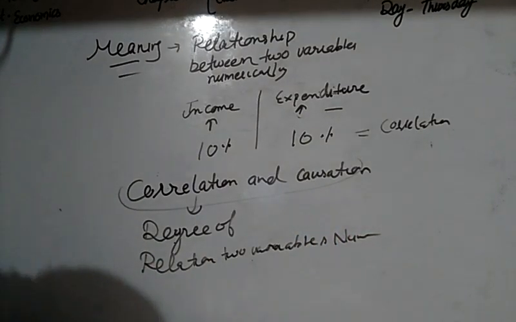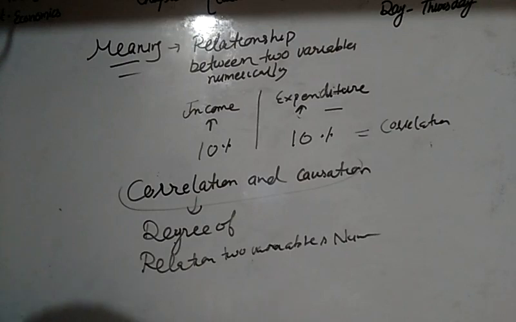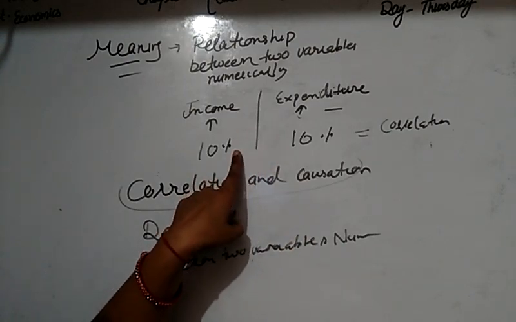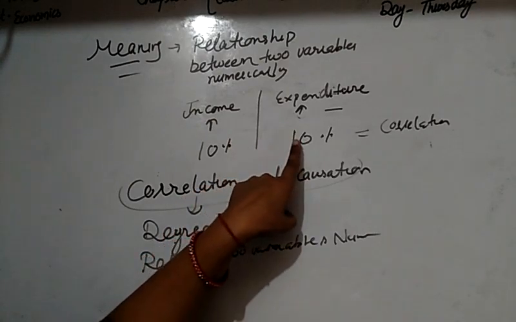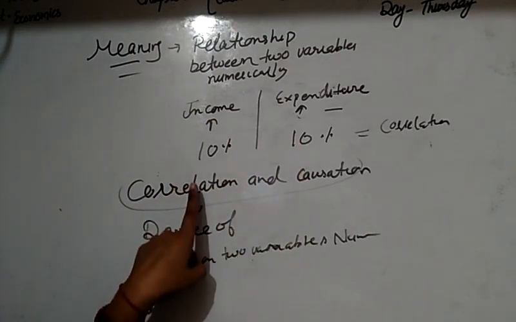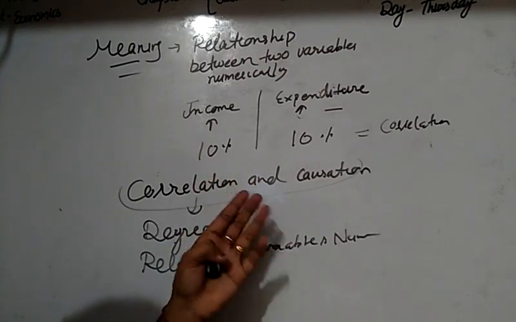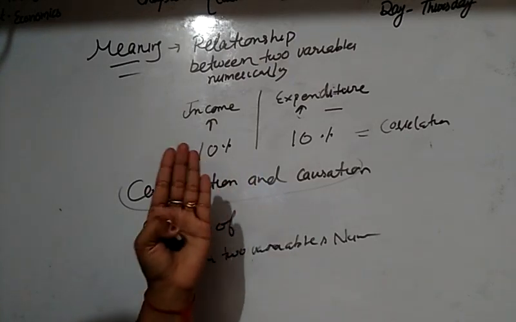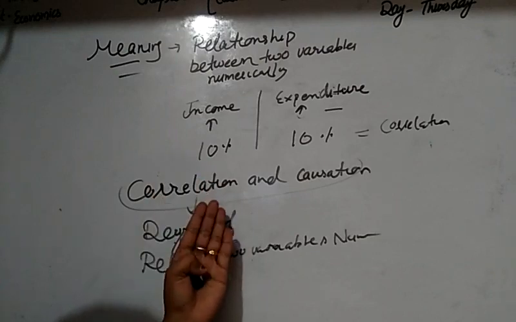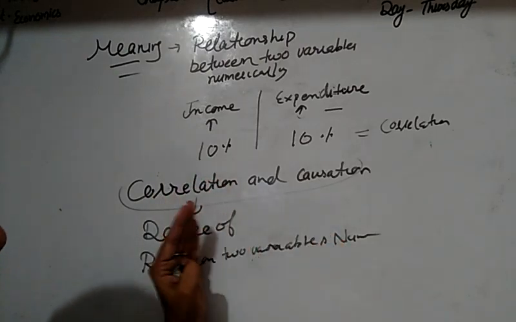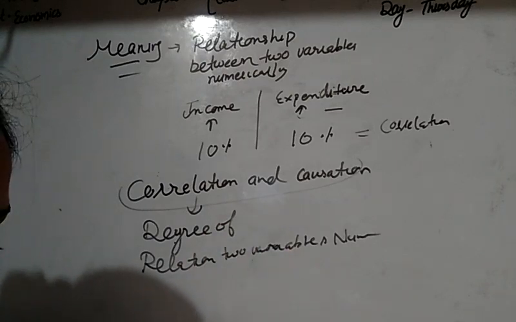But it does not tell the cause and effect relationship, meaning why income is changed and why it affects expenditure. So correlation is only used as a tool to express the relationship between two variables numerically, but it does not tell the cause and effect relationship.